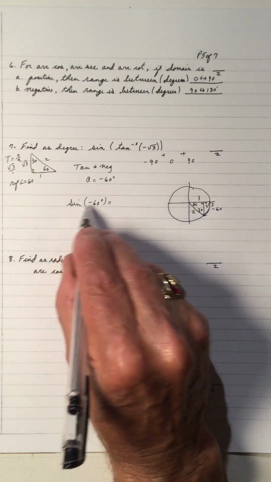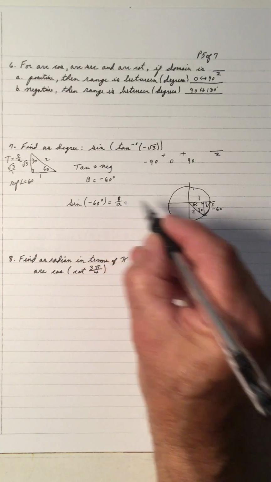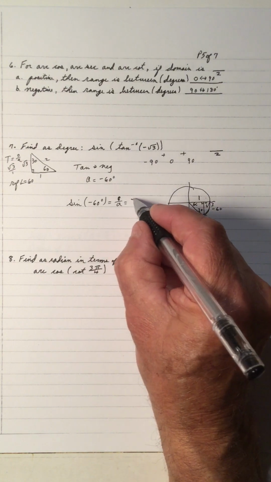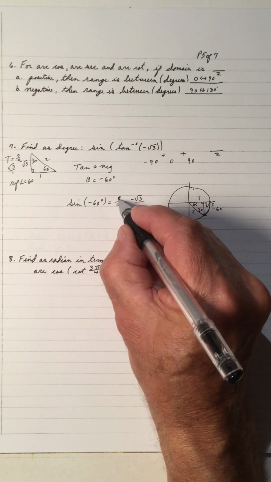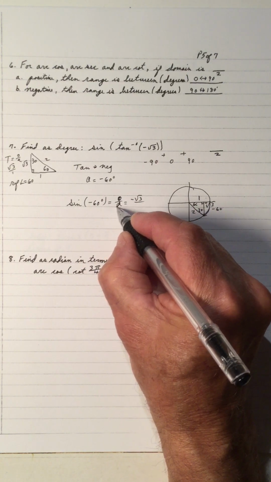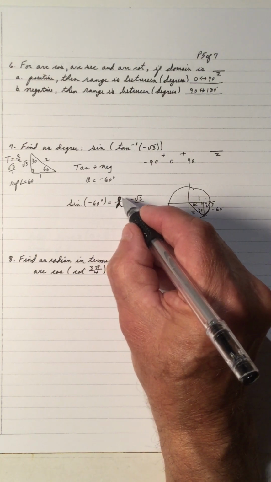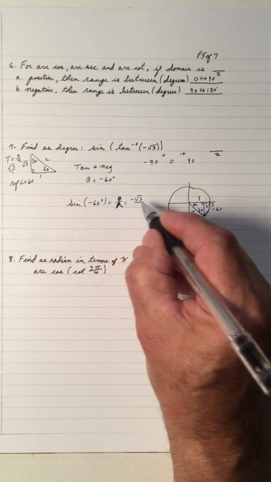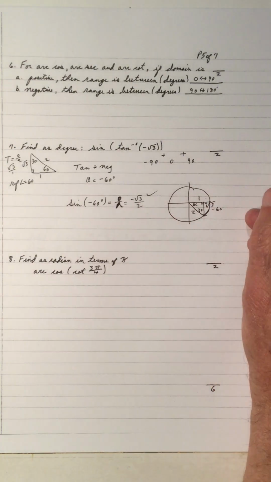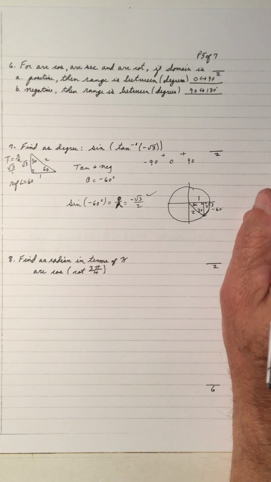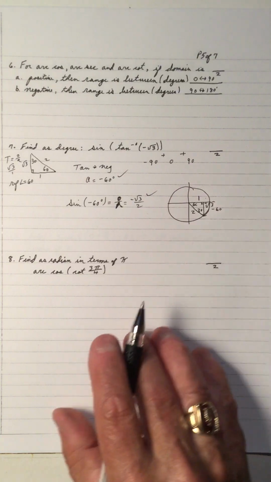And the sine of negative 60 is opposite over hypotenuse, and the hypotenuse is 2. So the answer is negative root 3 over 2. So if you got a negative 60, give yourself a mark. If you got a negative root 3 over 2, give yourself 2 marks.